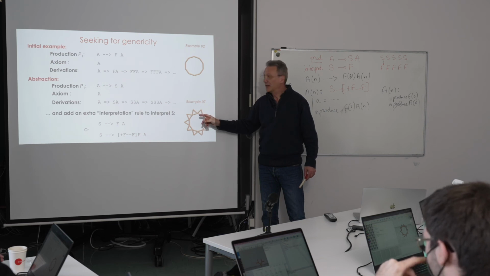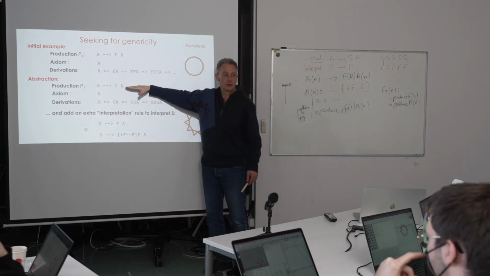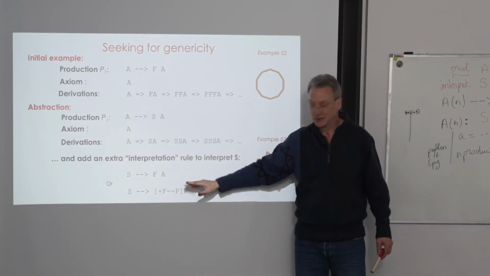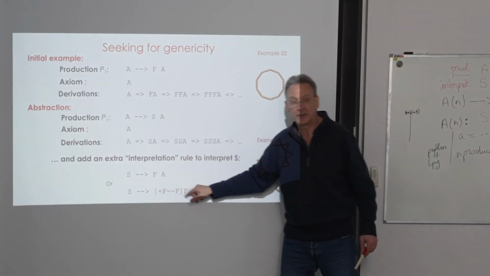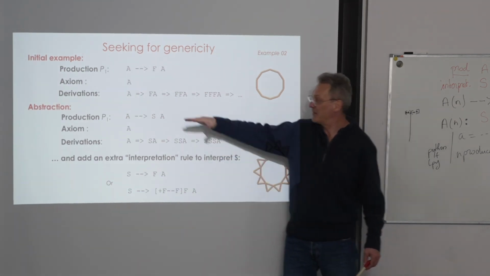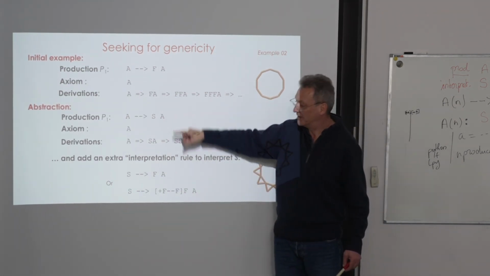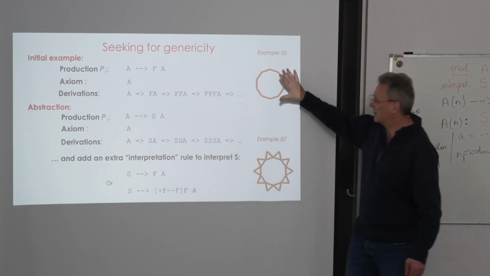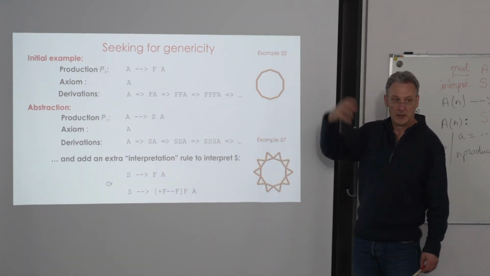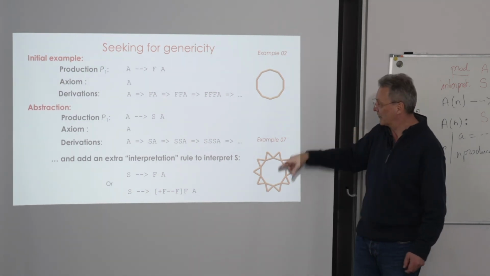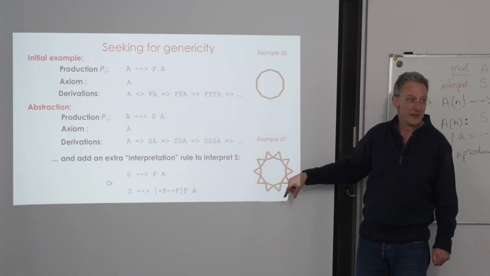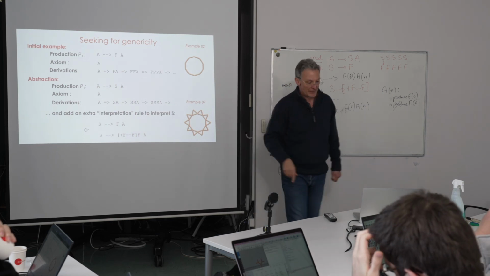Okay? It's the same production rule, but a different interpretation rule. Remove the A here, they are not correct. Same production rule, different interpretation rule, provides the same hidden model, the same deep model, with different types of surface output. Okay?